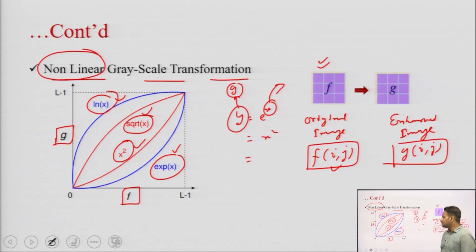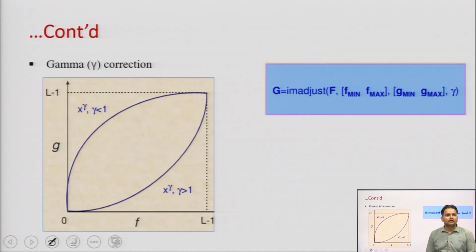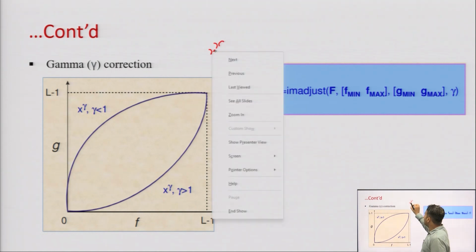Now, if we talk about x square, or x raised to the power q, here I am generalizing it as x raised to the power gamma.